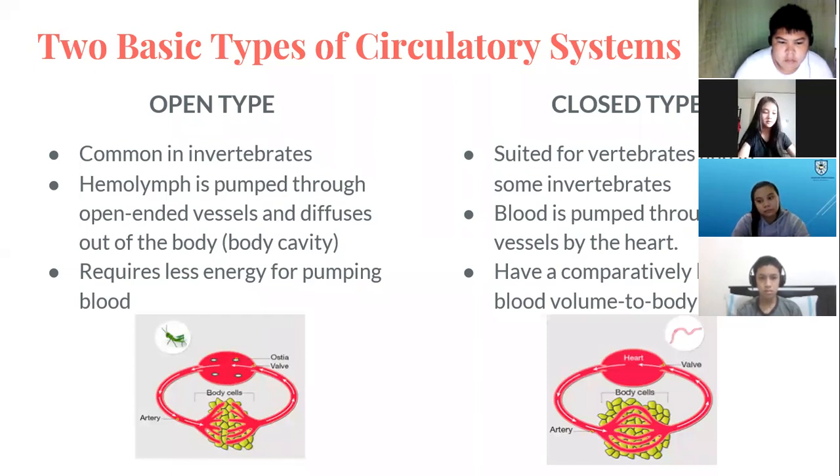So it diffuses directly to the body cavity. Pag sinabi natin diffuses, in common term in Filipino, parang kumakalat siya. Parang kapag nagtimpla kayo ng powder sa loob ng tubig, from higher concentration to lower concentration.